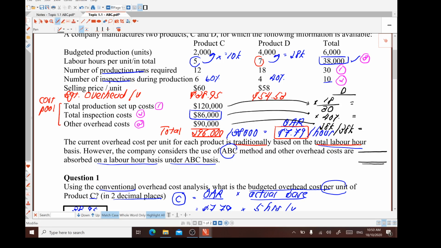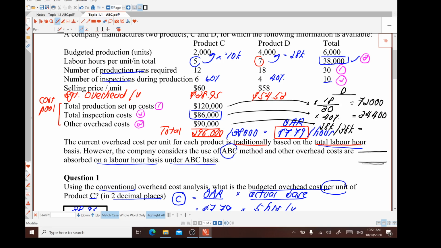All right, let's give it a try and see what you have here. So it's 120 times 18/30. This is $72,000. And if you take the 86 with 40%, this is how you get, using the 86 with 40%, that's like 34,400, and it's not a problem.